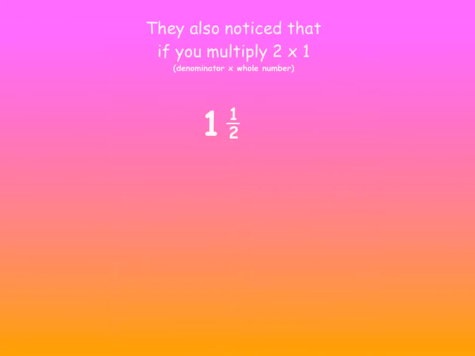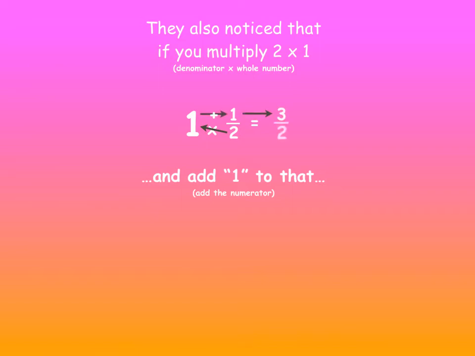They also noticed that if you multiply 2 times 1, that's the denominator, 2, times the whole number, 1, and then add 1 to that, that's adding the numerator, 2 times 1 plus 1 is 3. 3/2.